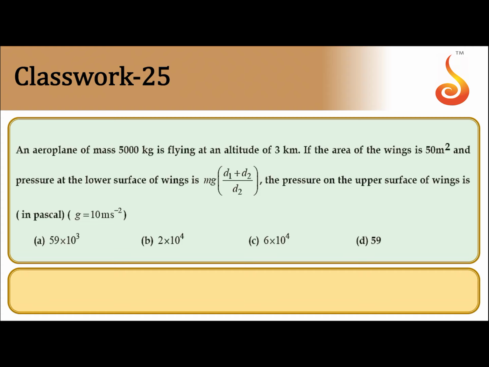I think this data seems to be incorrect, so we need the value of this pressure, the area of the wings, and the pressure at the lower surface. So I think there is something wrong with the data as far as this question is concerned. We'll skip that one.